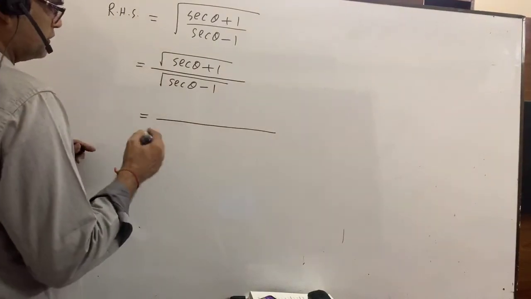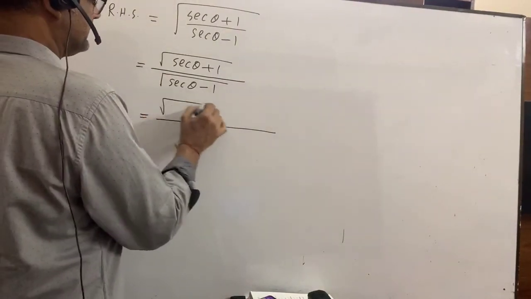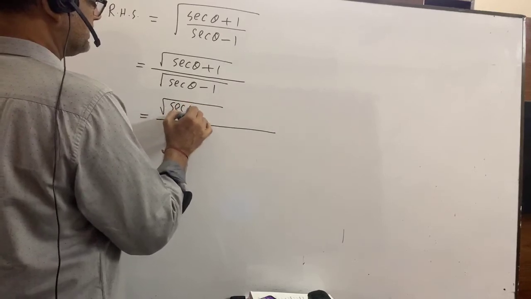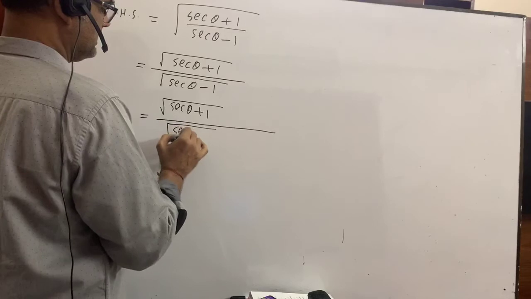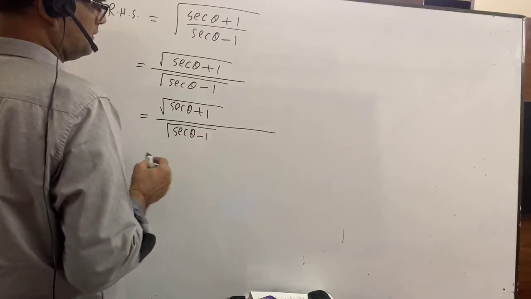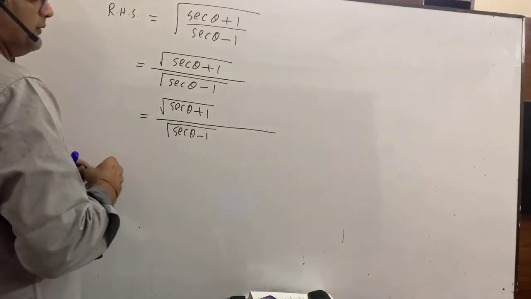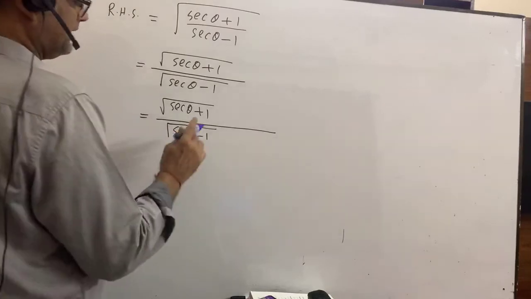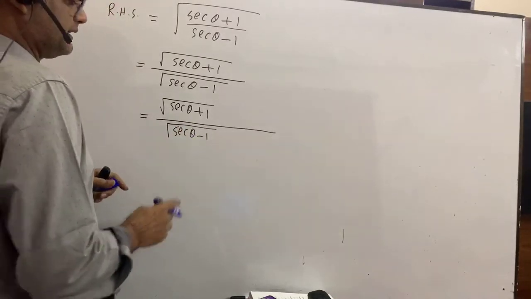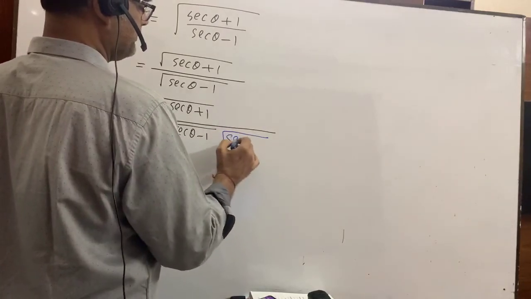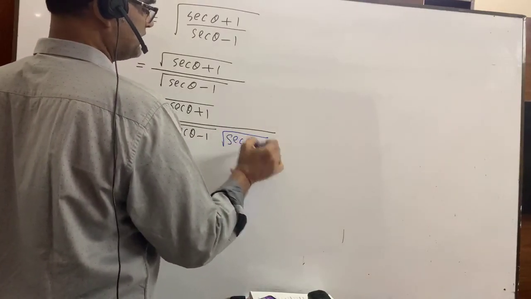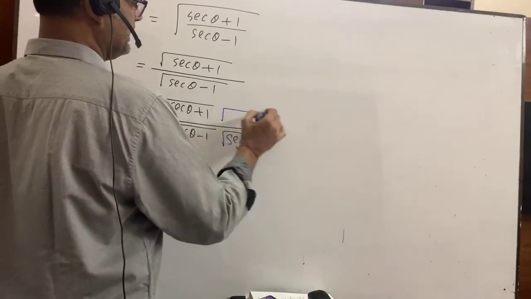Now the procedure that I told you: sec theta plus 1, sec theta minus 1. Now what is to do here? I told you its opposite, so-called conjugate. If it is a minus b, I must take a plus b.